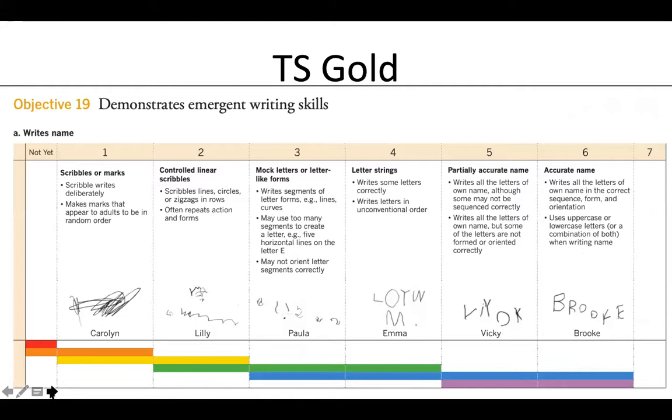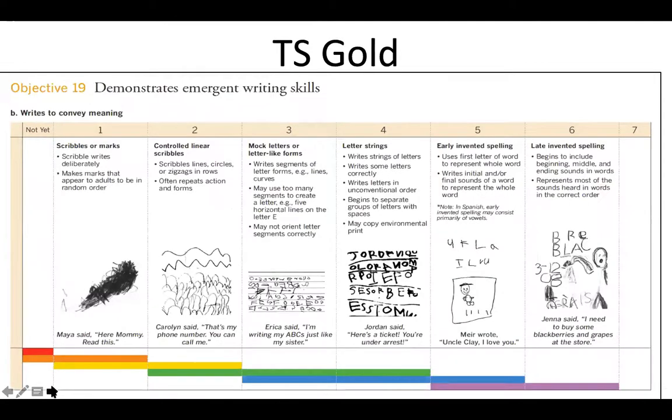A lot of you in preschool are using TS Gold, so their objectives match along with what the kids is looking at too, and along with what standards are. The same thing, the scribbles are marks, some controlled, mock letters, partial naming. They've got a couple measures within TS Gold, and here's where they're making more of the invented spelling.